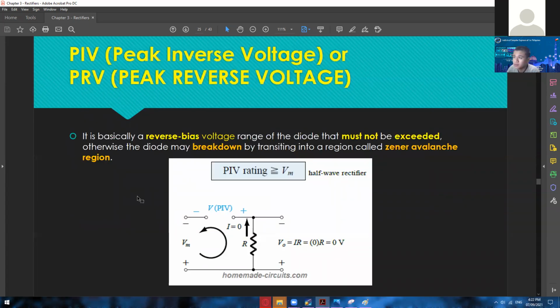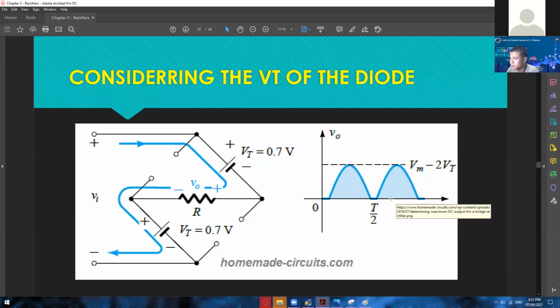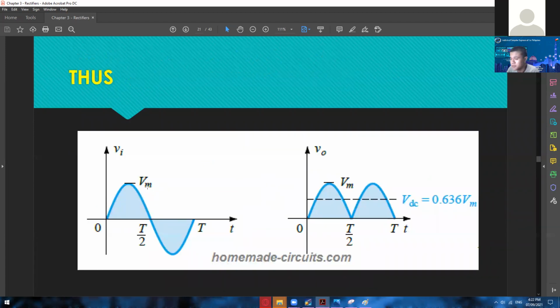So let's now talk about PIV, or peak inverse voltage, or sometimes they call this PRV, the peak reverse voltage. I think this one is very straightforward. If we have a peak to peak voltage, that is the value of your positive peak value and then the peak value of your negative result right here.